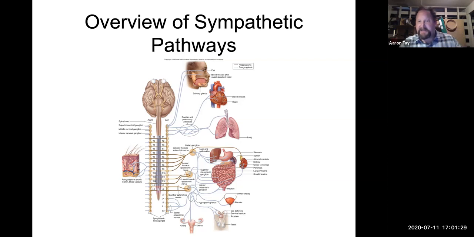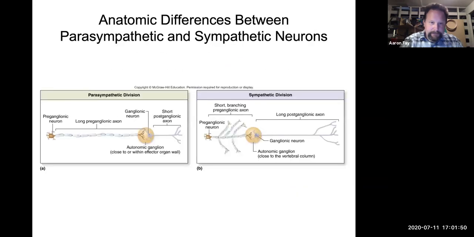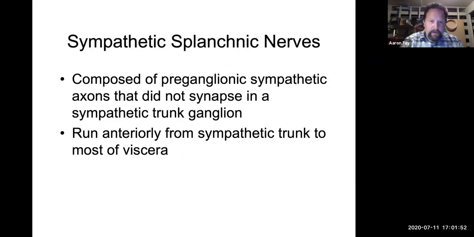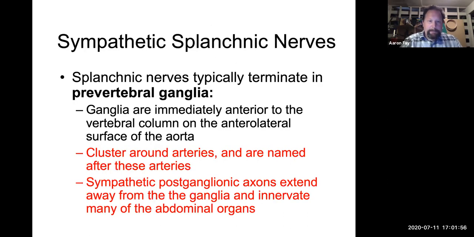The definition of a splanchnic pathway is it passes through the sympathetic trunk ganglion and does not have a synapse. It will have a synapse in a ganglion somewhere away from the sympathetic trunk. These were the 5 we needed to know about.